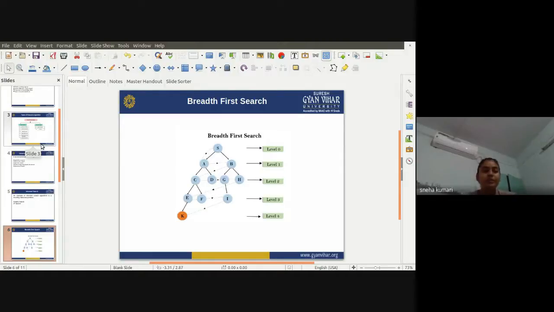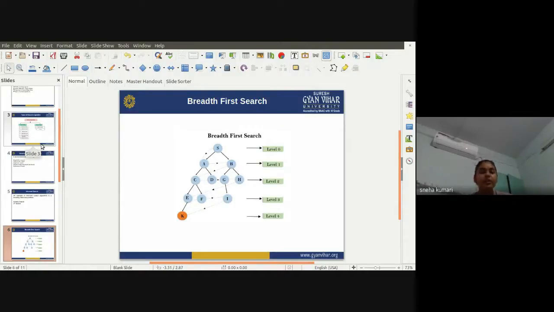Now the current state of the queue is E, F, I. E is on the front, then F, then I. Firstly it marks E as traversed, and checks which is the next node. It finds that K is present, so it inserts K in the queue, marks E as traversed and removes it.